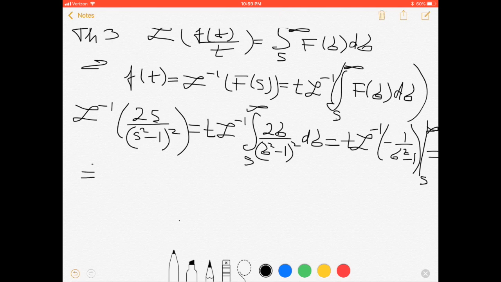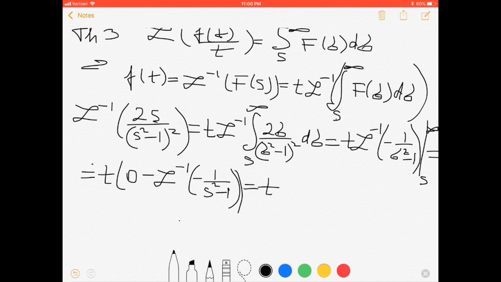And here we have t times 0 minus the inverse Laplace of negative 1 over s square minus 1, or is t, because the inverse Laplace transformation is linear, this means minus, you can take it out, and you have the inverse of 1 over s square minus 1, which will give you t hyperbolic sine t.